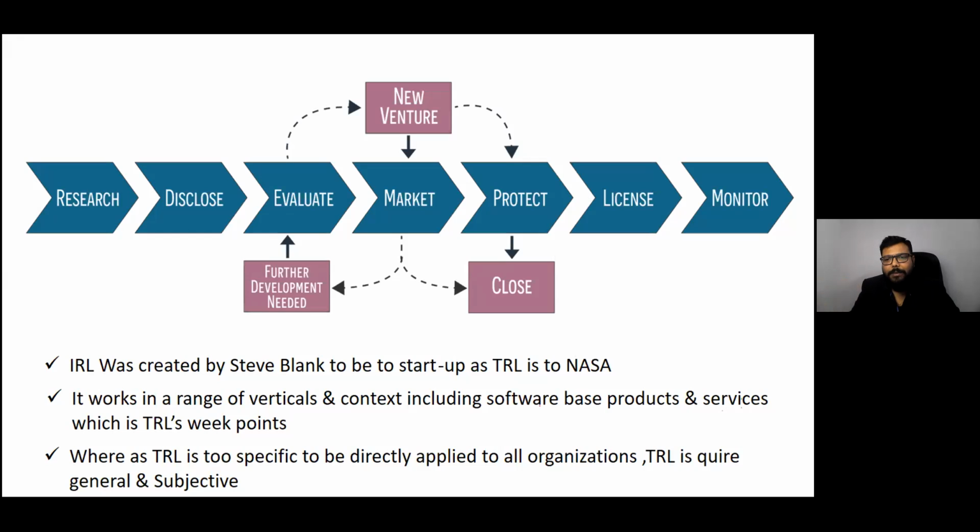There are a lot of other certifications as well, so those also need to be there. These are the licenses required to run your startup. You need to open your bank account, and for that you also need your certificate of incorporation. So you need to take care of your licensing as well. And after that, once your product is developed, you need to monitor it.